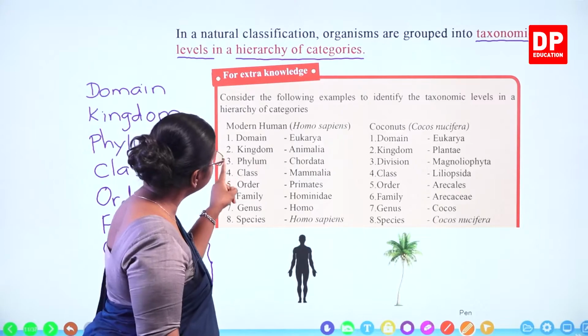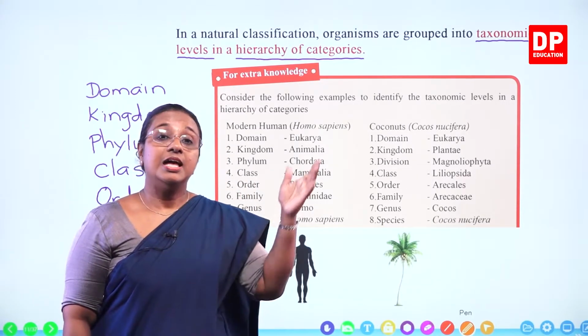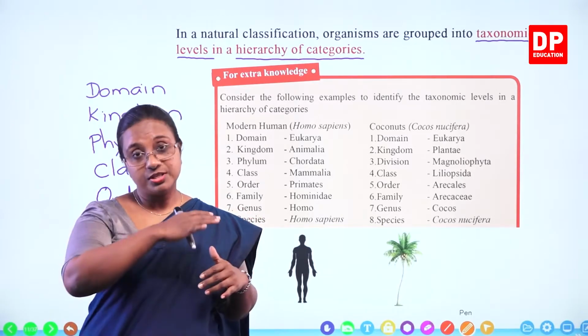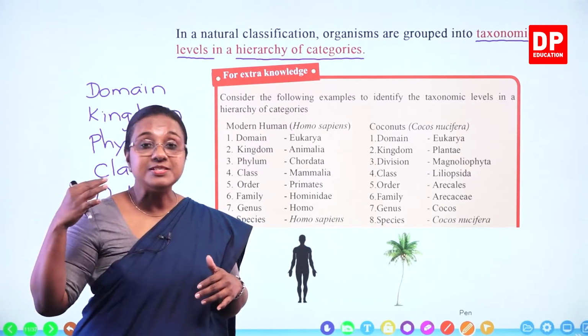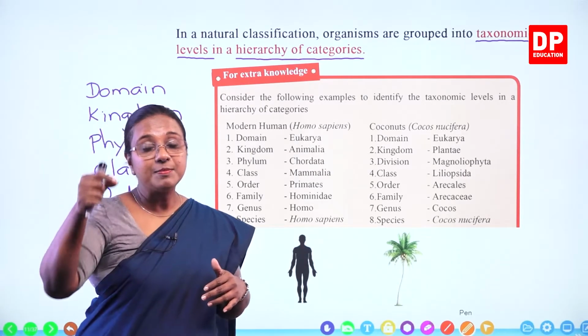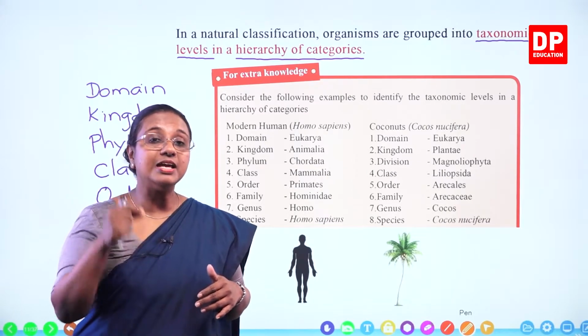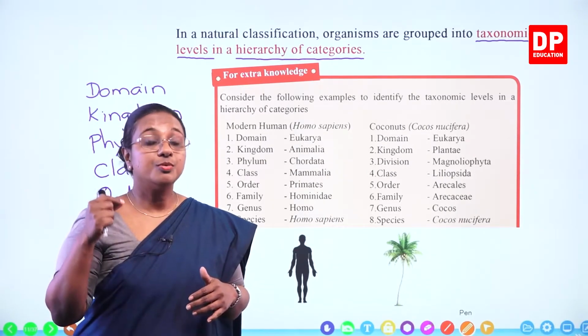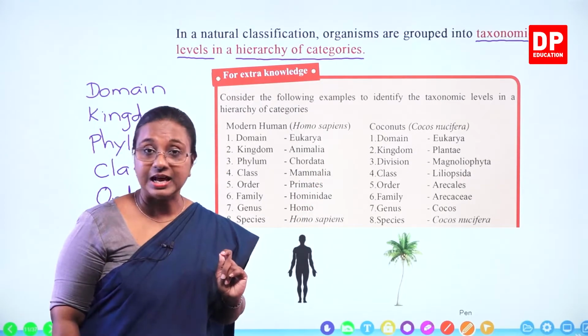Then we have phylum Chordata. What are chordates? In their early stage or the developed stage, now we have the vertebral column. But when we say chordates, they have a particular supportive rod-like, cord-like structure. Based on that structure, they are classified as Chordata.